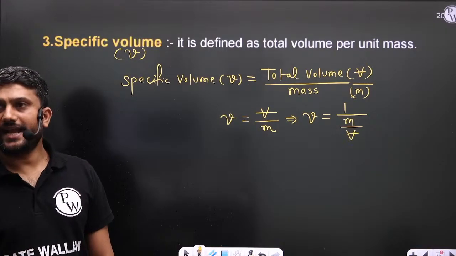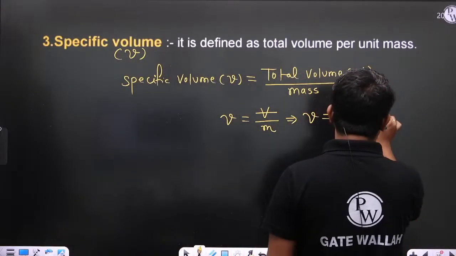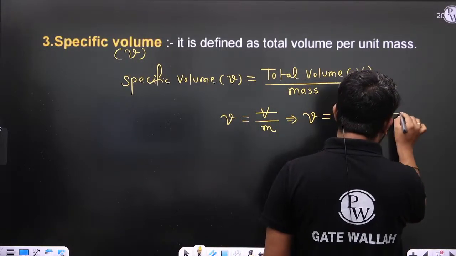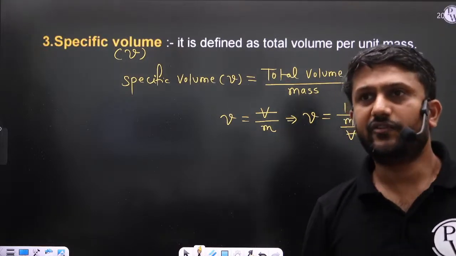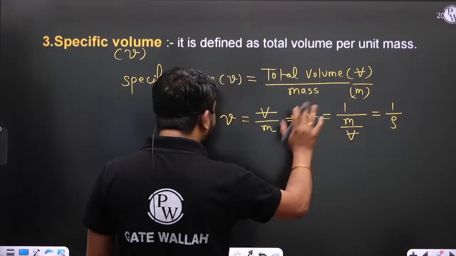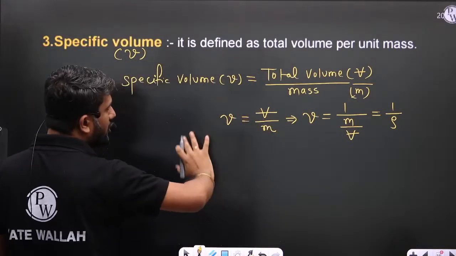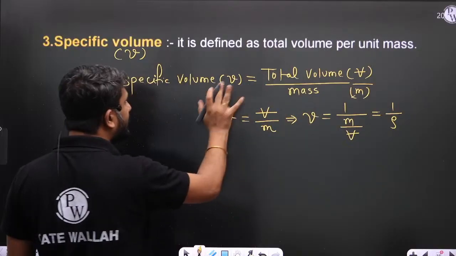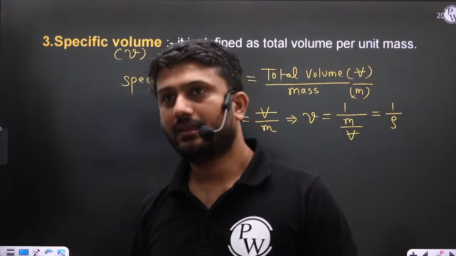And we know that M by V is nothing but the density. So we can say the specific volume is equal to 1 by rho. So from here we can define the specific volume in this way also, that specific volume is nothing but the reciprocal of the density, right?